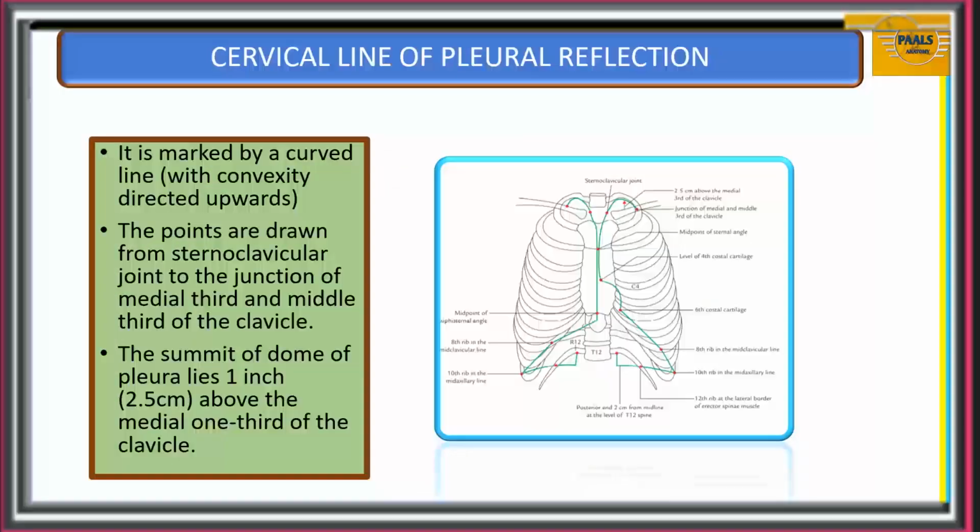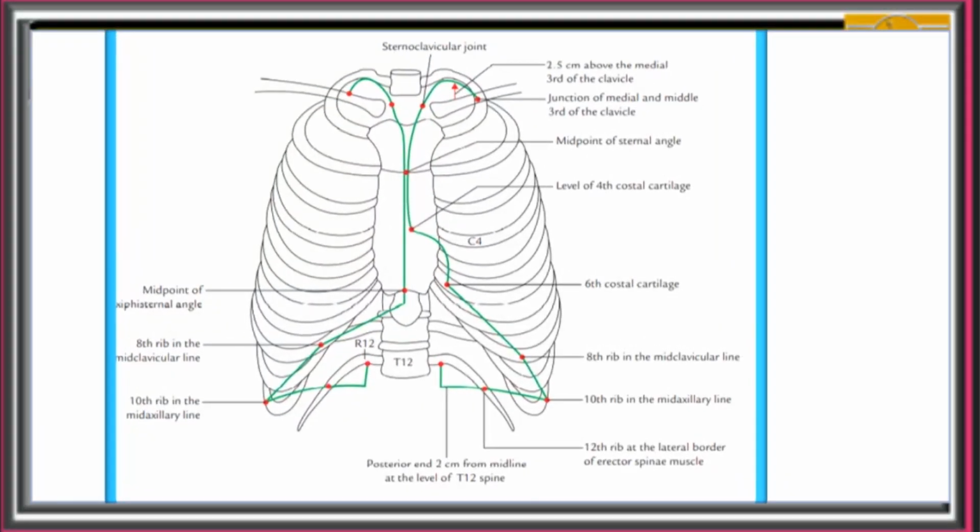We will start with the cervical line of pleural reflection. It is marked by a curved line which has an upward convexity. These are the 2 points, the point here and the point here, and then this is the curvature that is projected upwards.